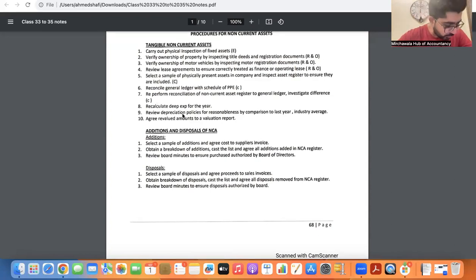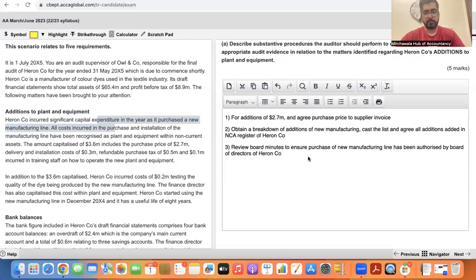Recalculate depreciation expense for the year to ensure calculations are correct. And one last.